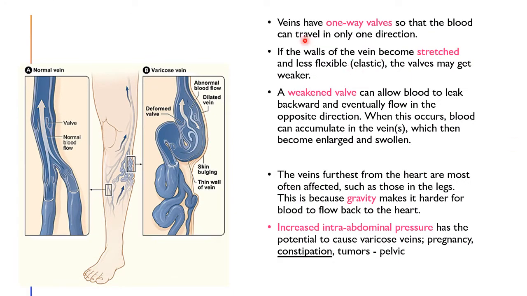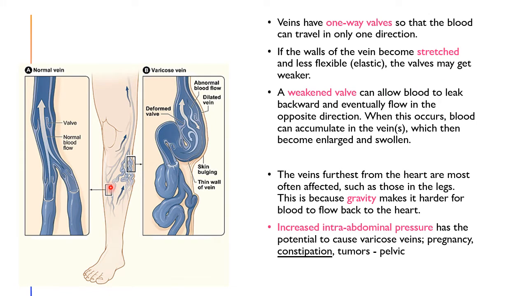Varicose veins, how do they come about? Veins have one-way valves so that the blood can travel in one direction, usually from the periphery, from the foot, up to the heart. If the walls of the veins become stretched and less flexible, less elastic, the valves may get weaker.